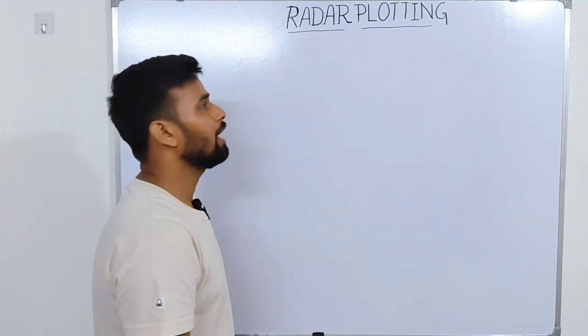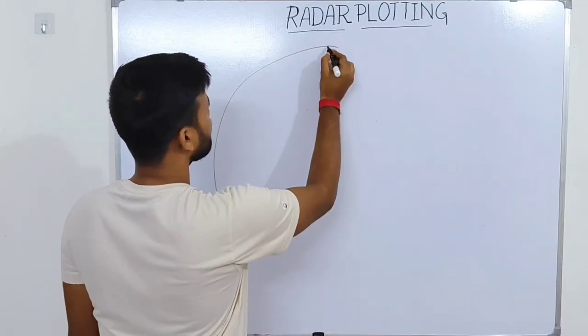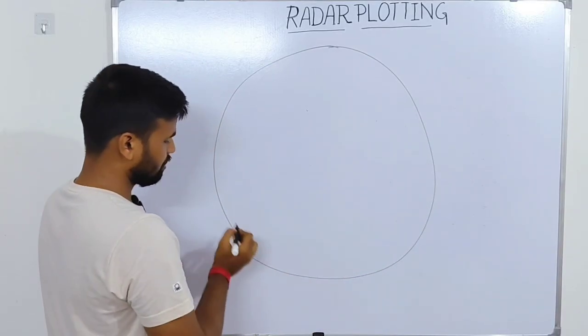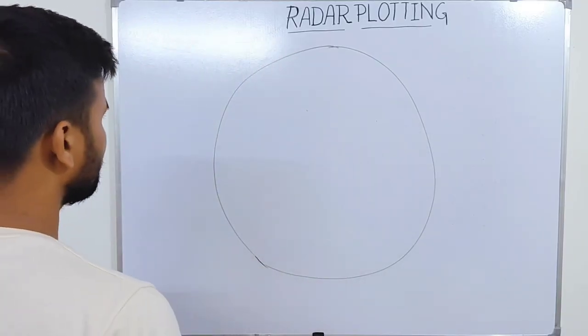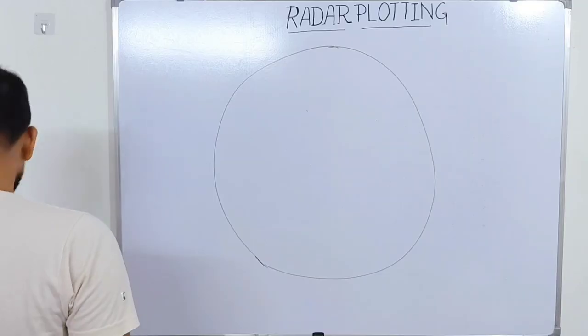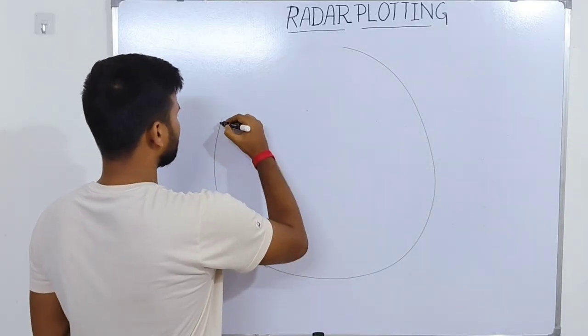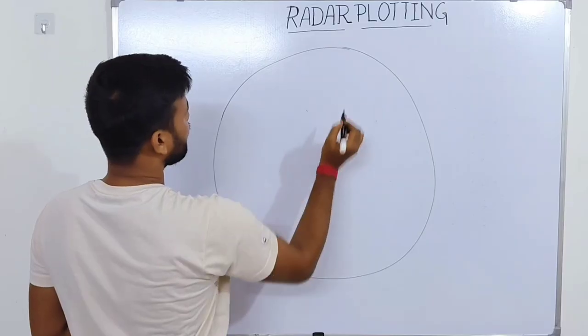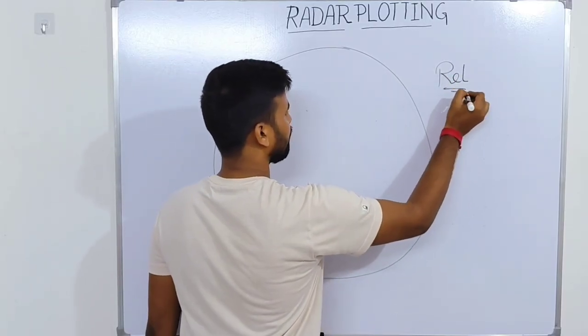So for that I'm going to draw this radar sheet. Pardon for the circle, I guess it's not a good circle, but I'll try. Okay, so we are going to talk about the relative plotting.